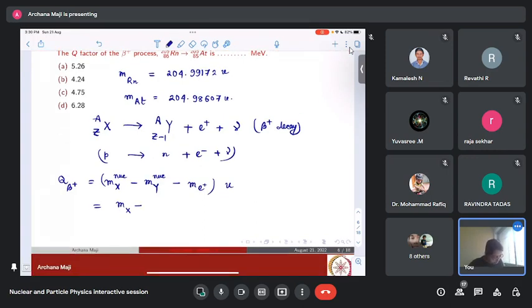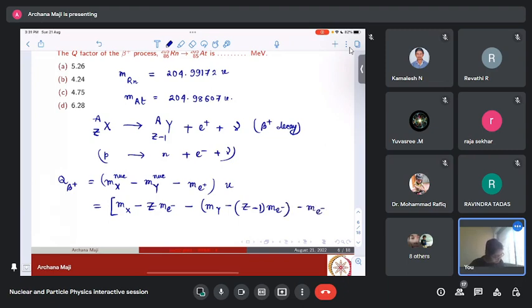The nuclear mass will be the atomic mass of X minus the mass of Z electrons, just like before, and the mass of positron and electron are the same, minus the atomic mass of Y minus, since there are Z minus 1 protons, now there will be Z minus 1 electrons as well, minus the mass of positron.